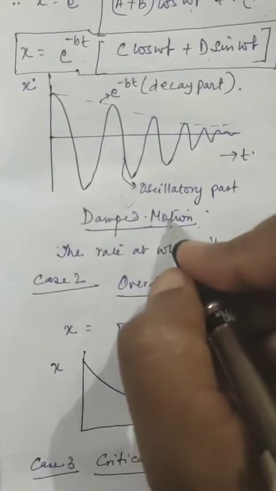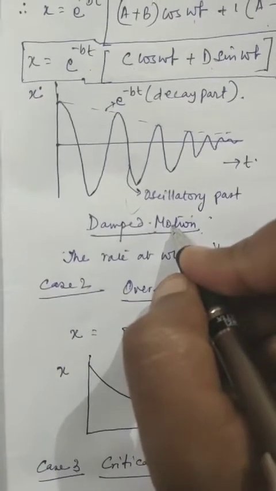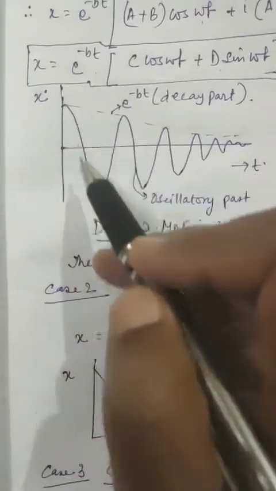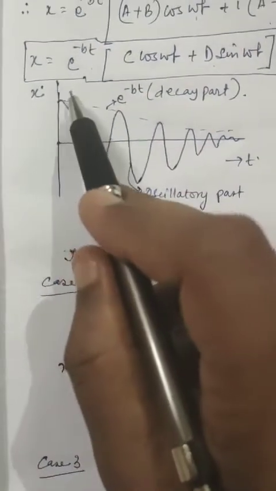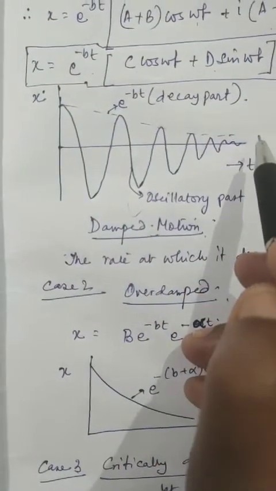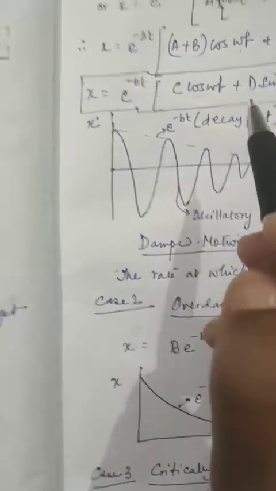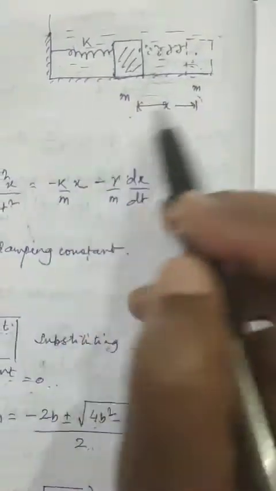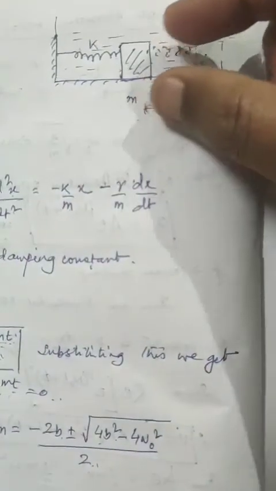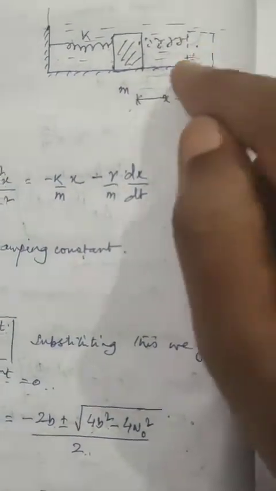And in case of damped oscillation, underdamped oscillation, you still have an oscillation, but the amplitude of that oscillation decreases with time. So physically speaking, if you had a free oscillation and you have a mass, if I pull that mass, there is no friction.